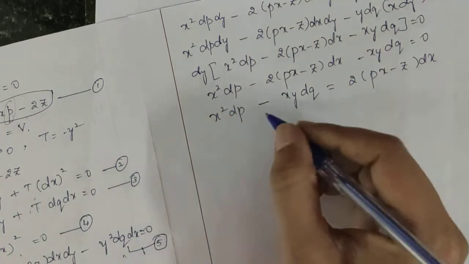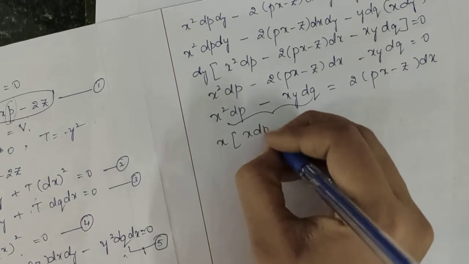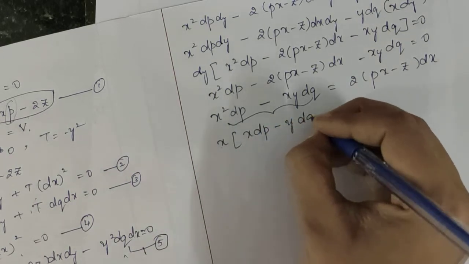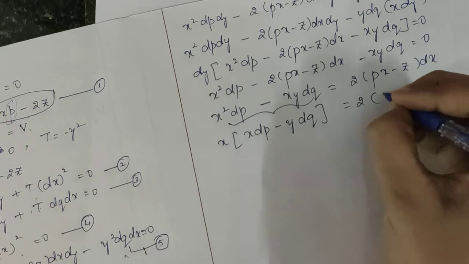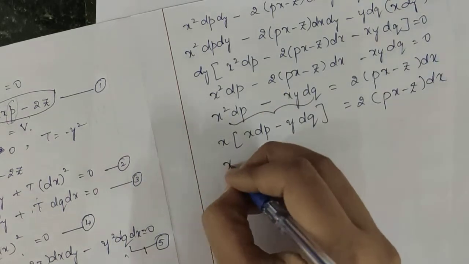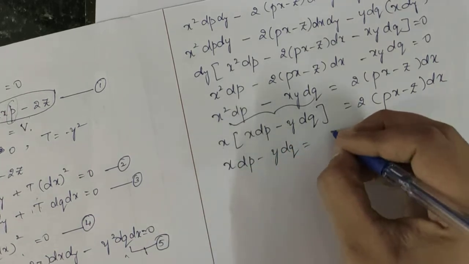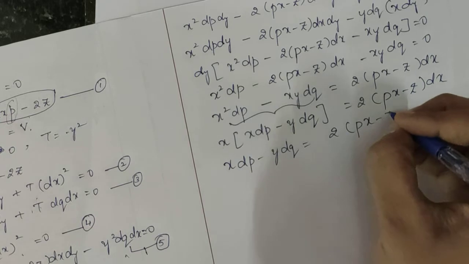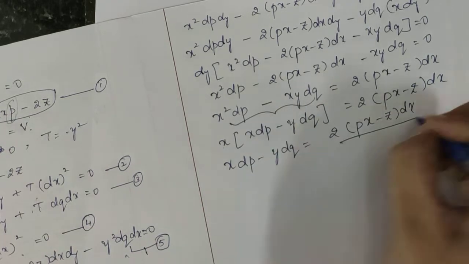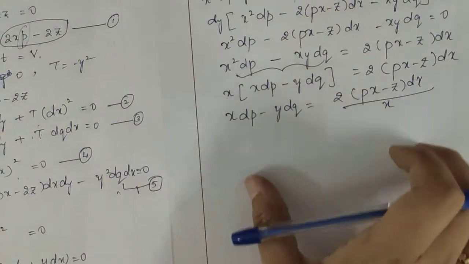So now from this I can take x as common, so you will get x into dp minus y into dq is equal to 2 times of (px minus z) into dx. This is nothing but x dp minus y dq is equal to 2 times of (px minus z) into dx whole divided by x. So again you have to simplify this further.